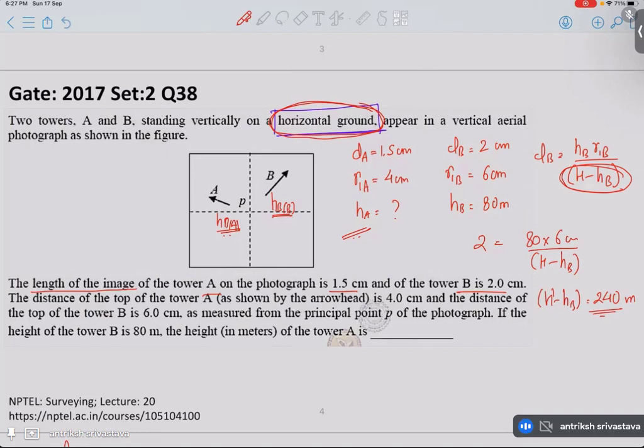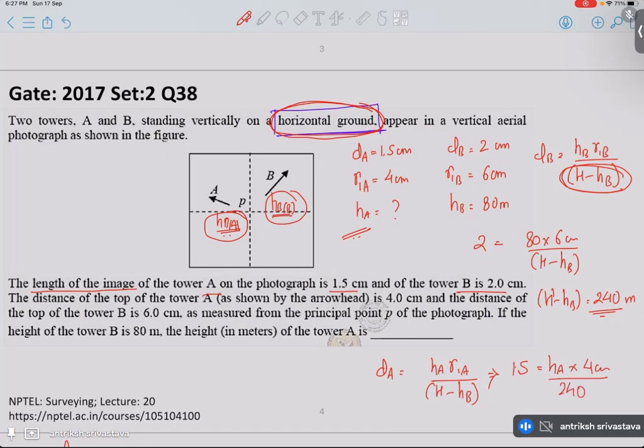Now let's write the formula for relief for tower A. TA is equal to HA R1A divided by H minus HB. As I said, height of the bottom for A and B will be same because they are on the horizontal ground. So we have 1.5 centimeter is equal to HA in meters into R1A, that is 4 centimeter, divided by 240, that is in meters.